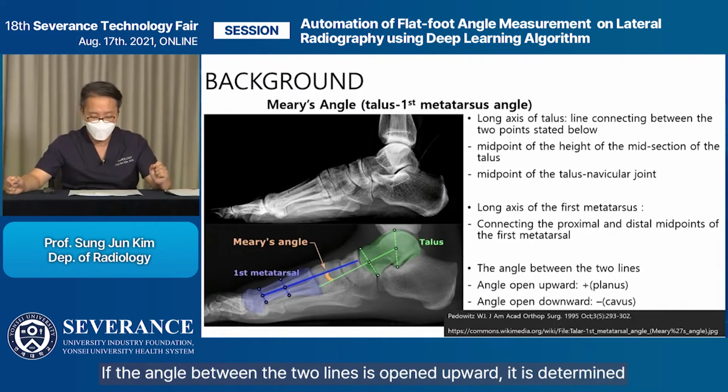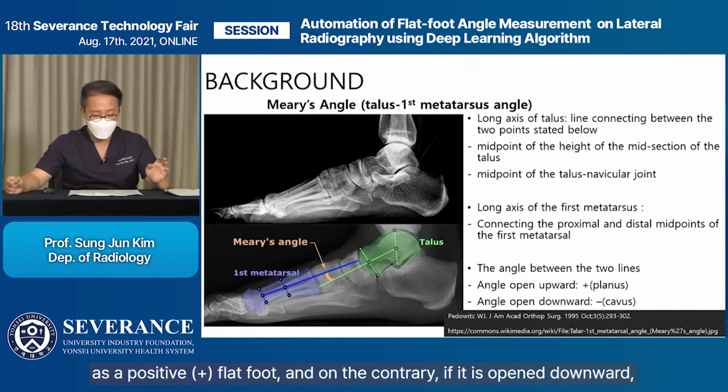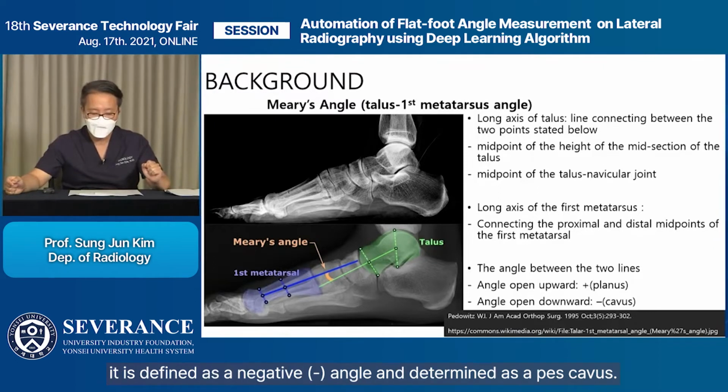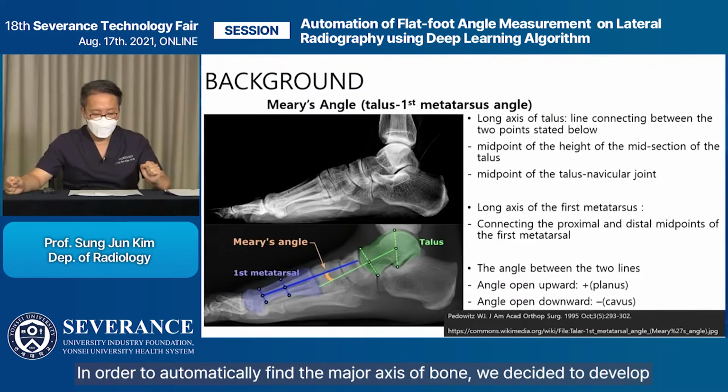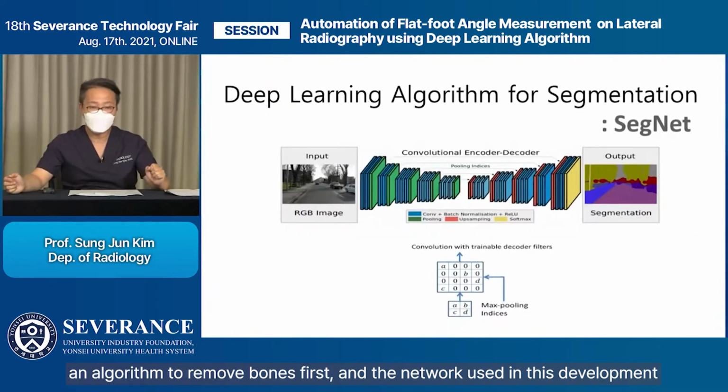If the angle between the two lines is opened upward, it is determined as a positive, plus flat foot, and on the contrary, if it is opened downward, it is defined as a negative, minus angle and determined as a pes cavus.